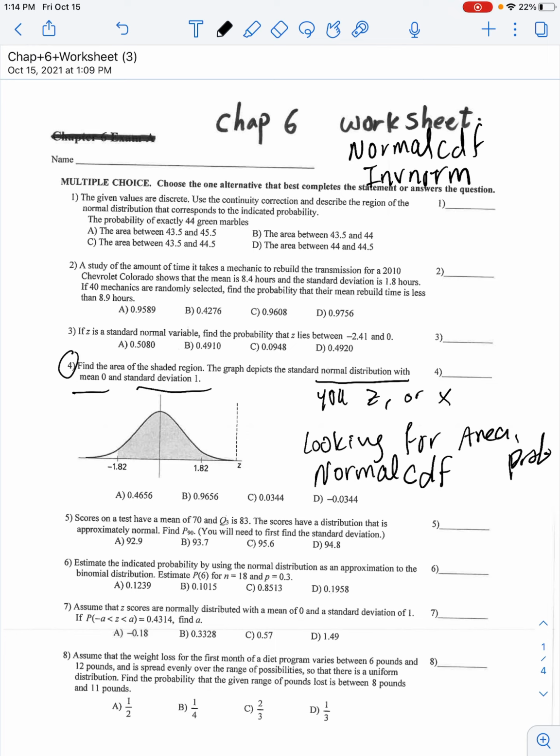So normal CDF, when you have the X and Z and you're looking for the area, like here. So this is basically Z. So you would say normal CDF, lower, upper, mu, sigma. So in here, normal CDF, I'm going to write it underneath.